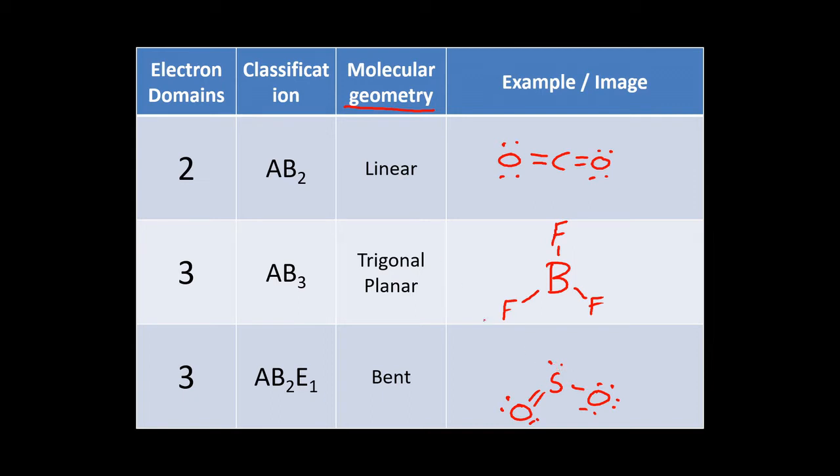The molecular geometry ignores this lone pair. And if you ignore the lone pair, it just looks like someone took a linear molecule and bent it. And so this is called a bent molecular geometry, but the electron geometry is still trigonal planar, because you still have three things 120 degrees apart. It's just for the molecular geometries we ignore the lone pairs. All right, so that is bent.